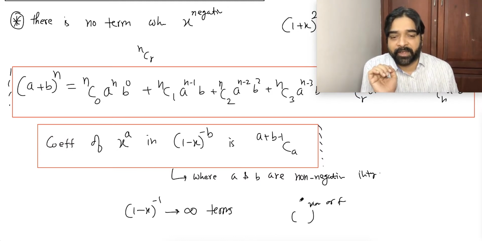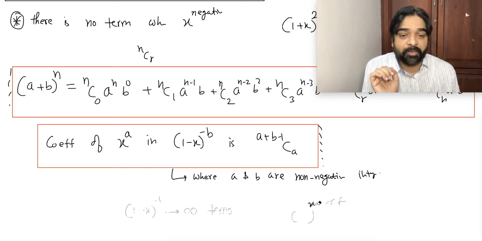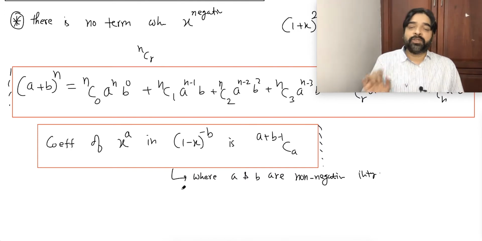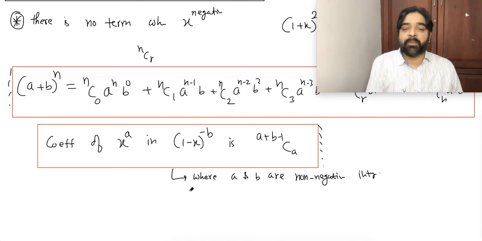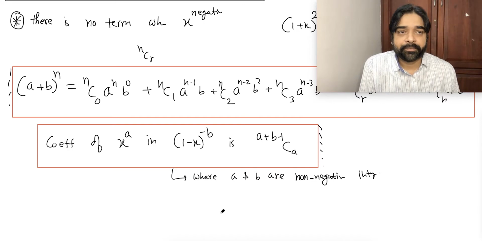Maybe slightly difficult, in calculus we will study Taylor's theorem and you will see the proof of this. But right now you can just memorize it. The coefficient of x power a in the expansion of 1 minus x power minus b is a plus b minus 1 ca. All of you able to understand?